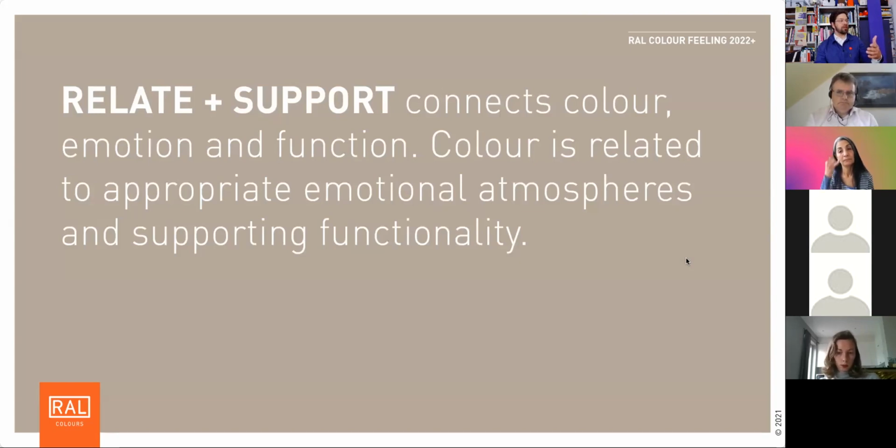Color needs to be a content of its own and have to have some kind of function. It's not a topic that can live by its own solely. So it has to be connected into a context and to emotion to function. So color is related to appropriate emotional atmospheres and supporting functionality. And with relate and support, we offer design and architecture professionals a tool to do that.